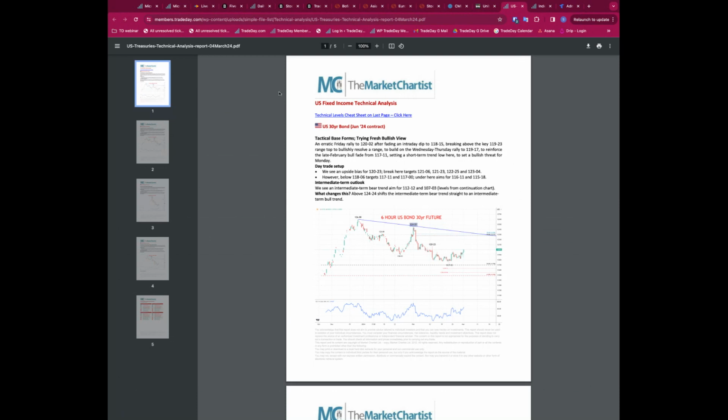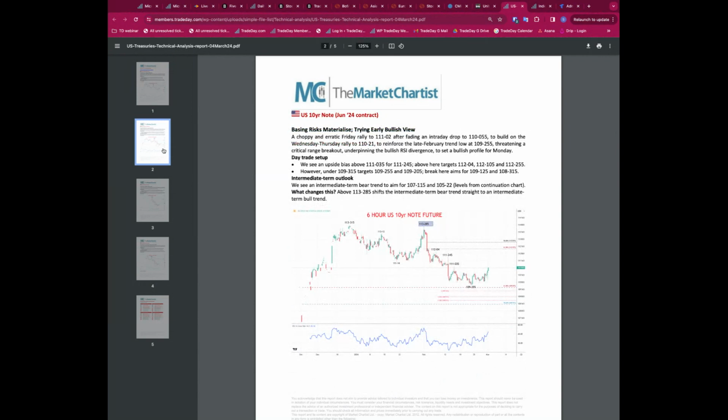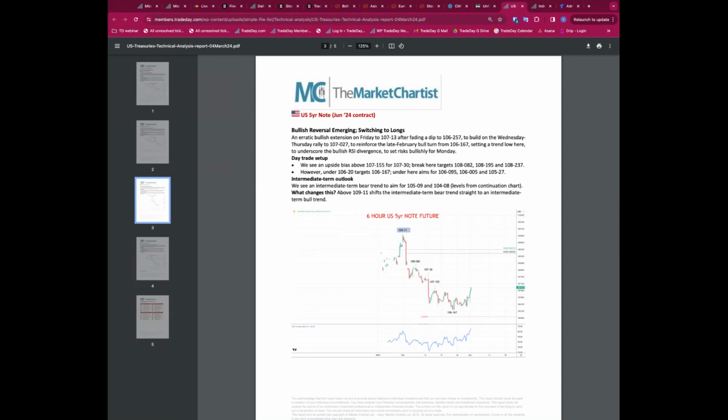And you can see here, we spoke about this at the end of last week, this potential basing going on in the bond markets. What we have seen is this basing play out on Thursday, Friday with the data last week. So if you see a base on prices, this is now pointing prices back up. This is the 30-year. Similar story on the 10-year. We were previously bearish on bonds, and now pretty much across the curve.